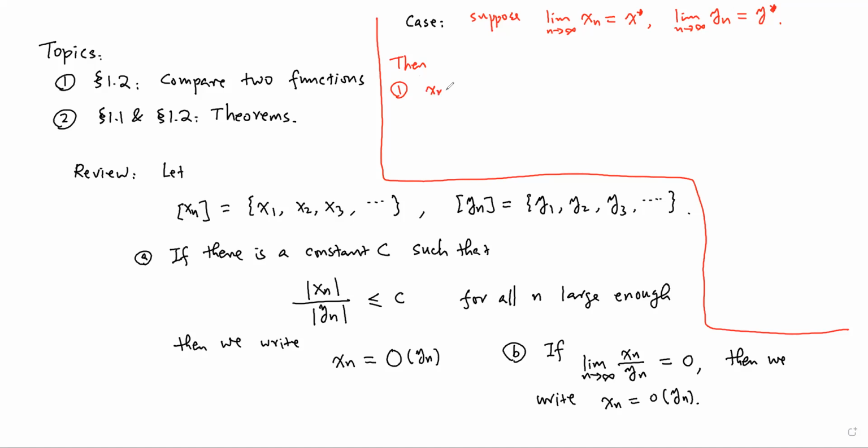Then xn minus x star is big O of yn minus y star. What does this notation mean? This notation means the absolute value of xn minus x star is less than or equal to C times the absolute value of yn minus y star for n large enough.